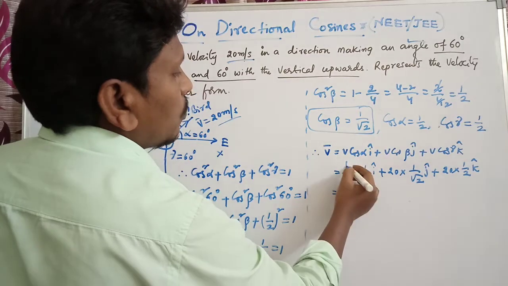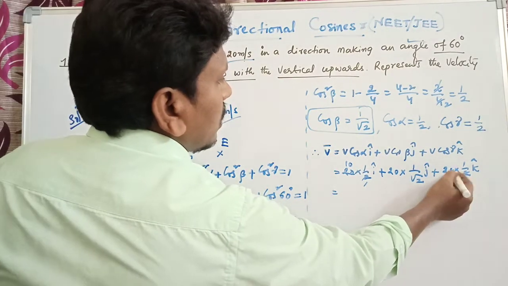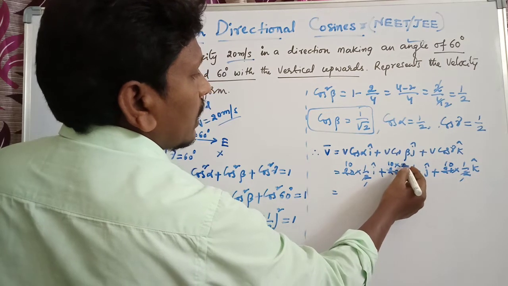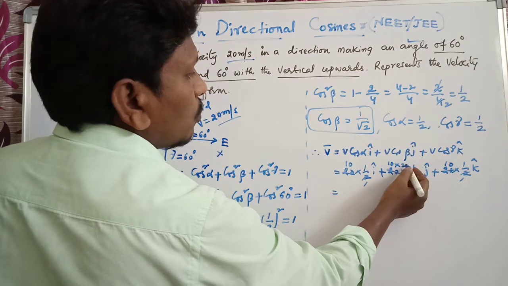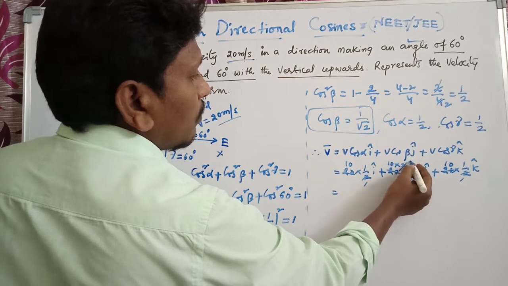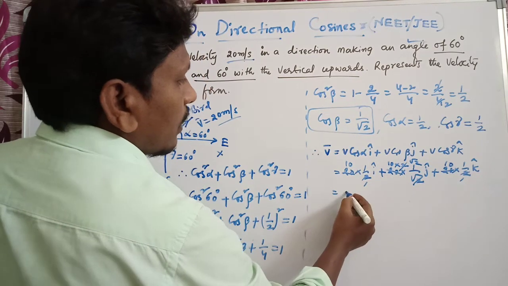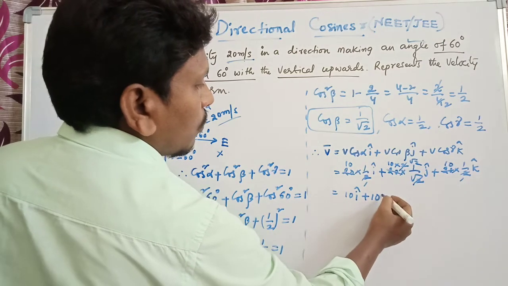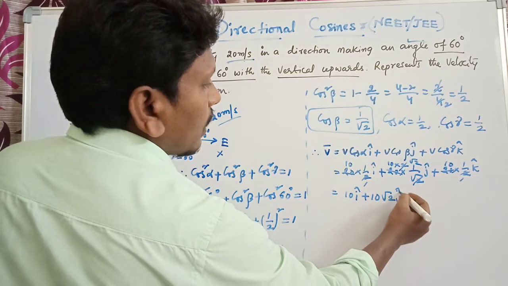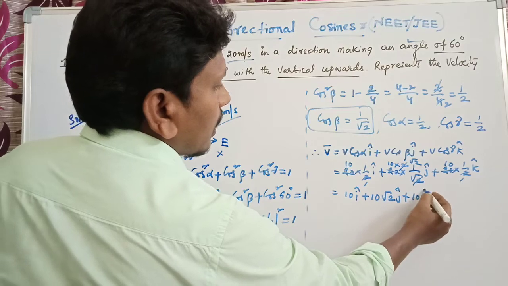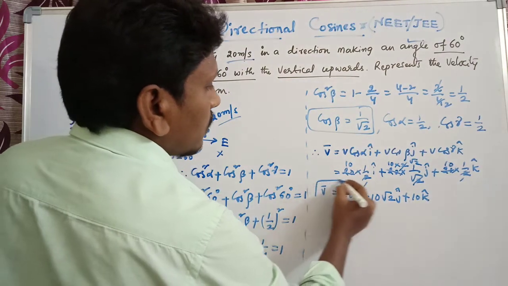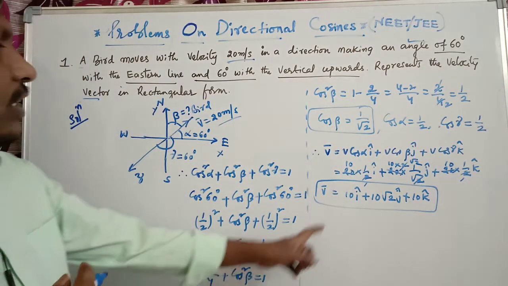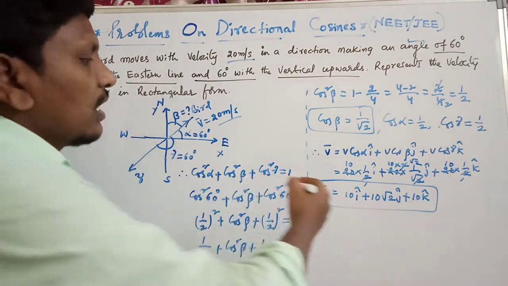Here 2 tens are 20, we can write this as 10 into 2, and this 2 we can write as root 2 into root 2, so the remaining root 2 will be there. That is 10 i cap plus 10 root 2 j cap plus 10 k cap. That is the velocity vector, v bar is equal to this, this is the answer.